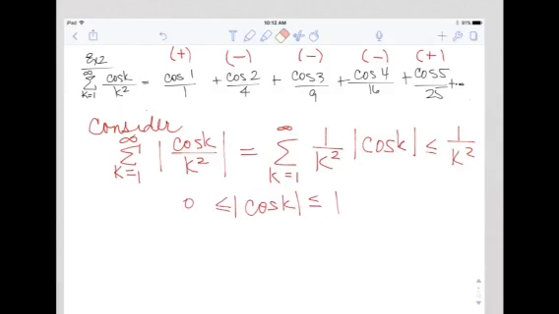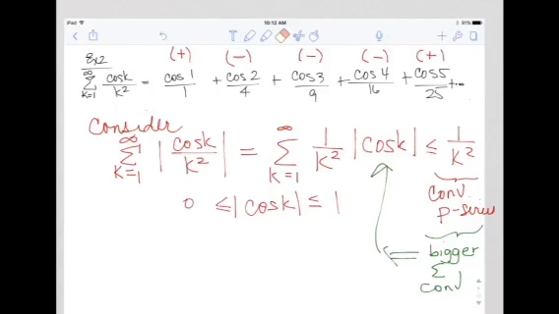Now, 1 over k squared, again, is a convergent p-series. And by the comparison test, if the bigger series converges, the implication is that the smaller series, which is this series, also converges.